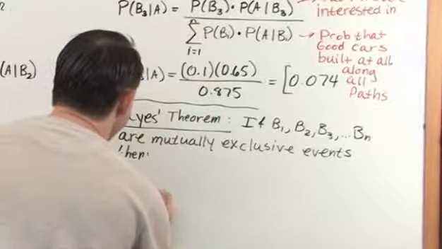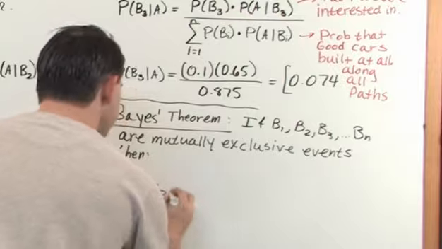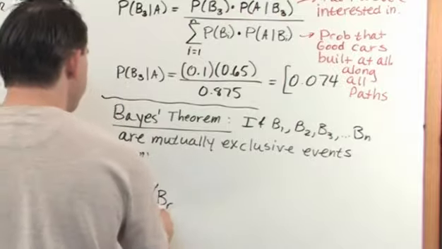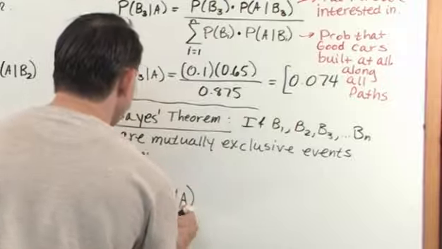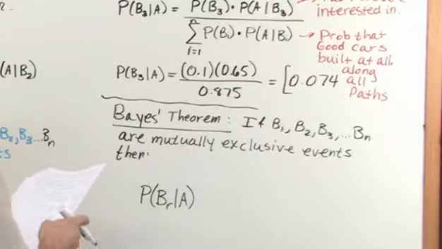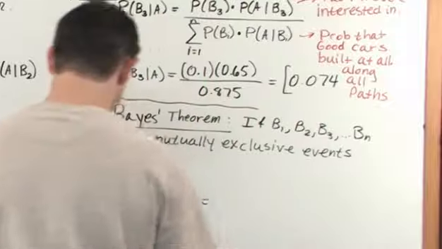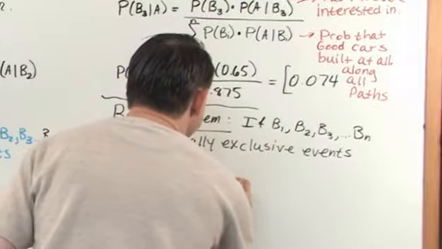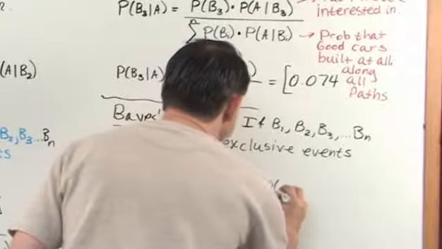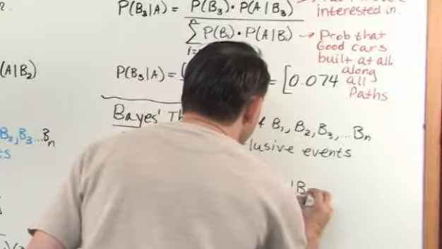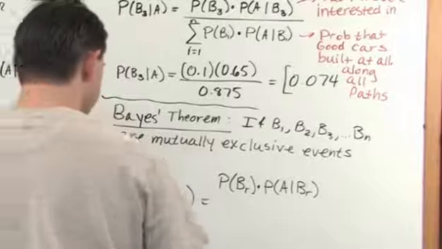I like to think of it in terms of plants because it's easy. The probability that the plant BR, whichever one we care about, built the car, given that good cars were built at all, given that A happened, is going to be equal to the probability that BR built the car times the probability that A occurred given that BR occurred. Just let me get it down on the board and we'll make sense of it.